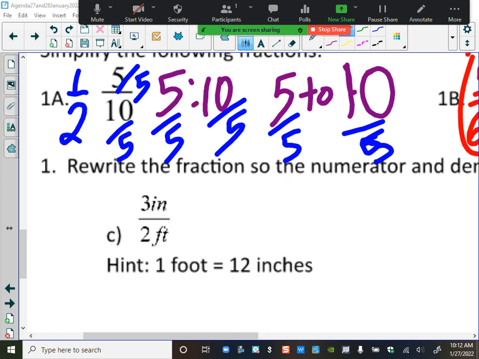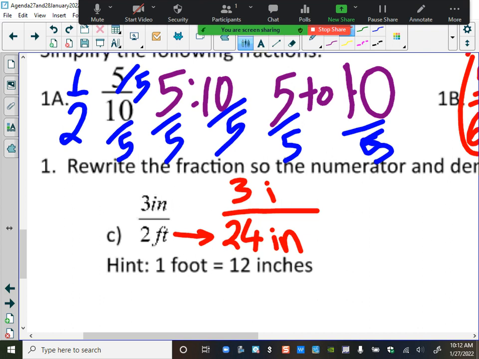Yeah, I know 2 feet is 24 inches. Okay, that's a good start. Andy said 2 feet is 24 inches. All right, so now ask yourself, if I have 3 over 24, can we simplify it?